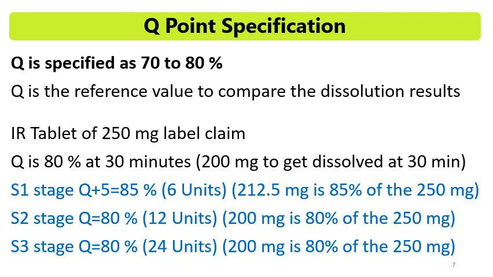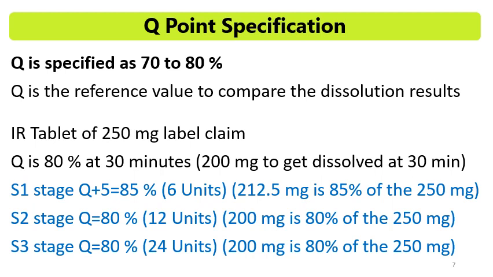If it is, for example, an ER formulation and the last time point is considered like 12 hours or 8 hours, that means the dose is being completely released. That's why the 70 to 80% release criteria is given. This was my consideration about why this limit might have been set, so that the patient will get the total drug release and the formulation will not hold the API. That's why the 80% might be given.